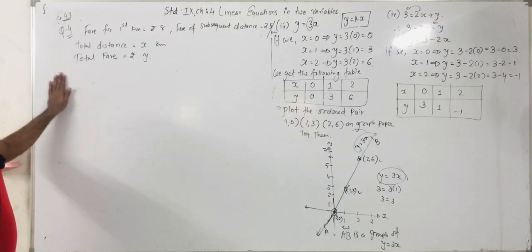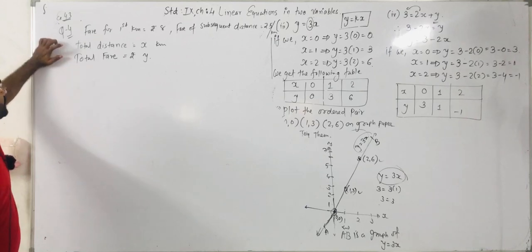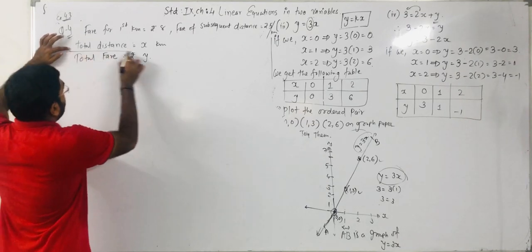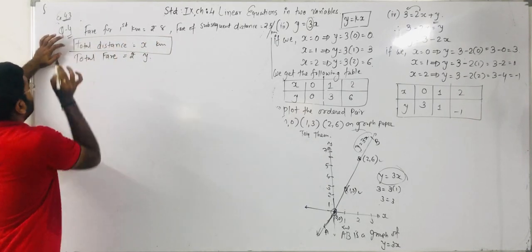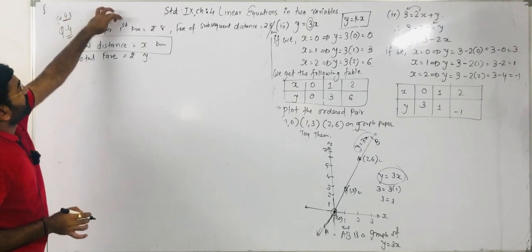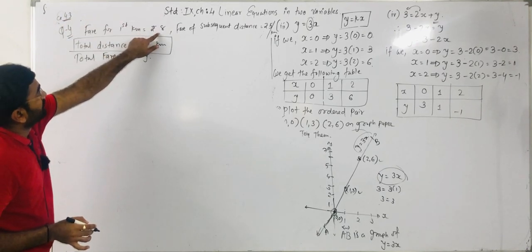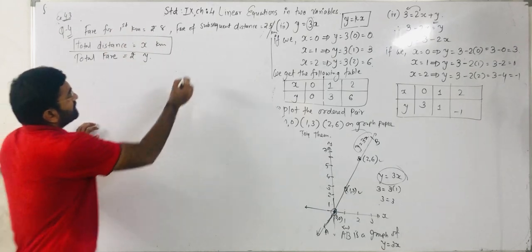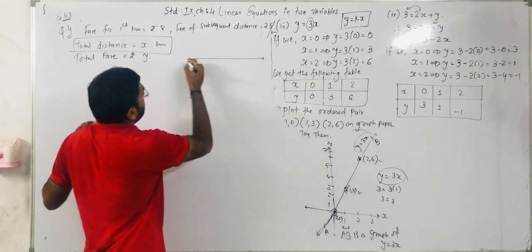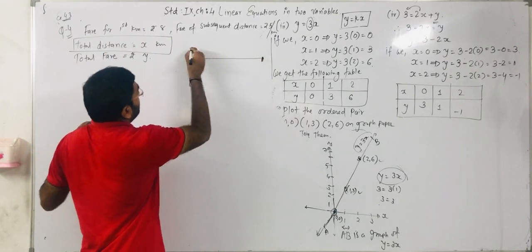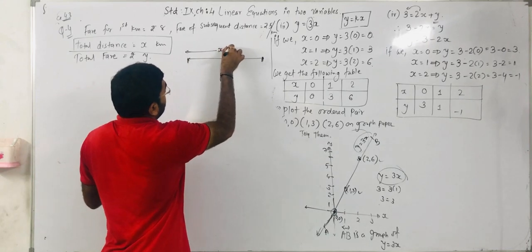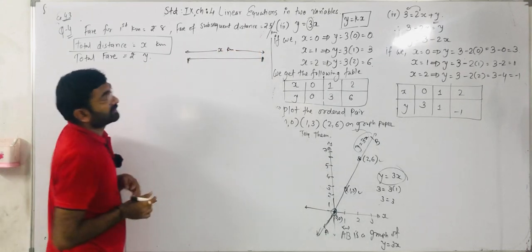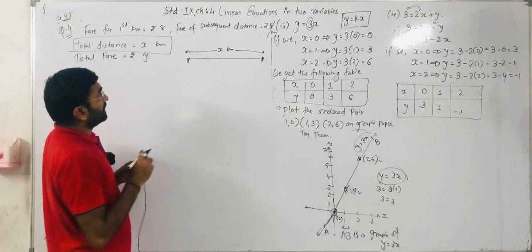Okay. So here, first of all, total distance is given as x kilometer. Now the fare for the first kilometer is given as rupees 8. Suppose this is the total distance from here to here, x kilometer. If I want to find the x kilometer fare, then how can you define it?